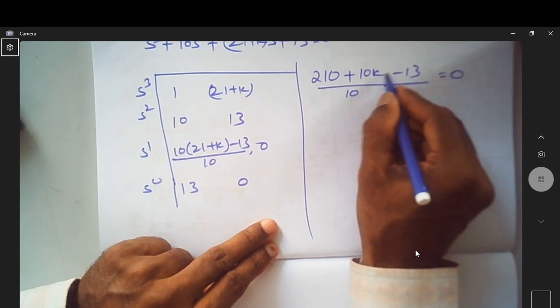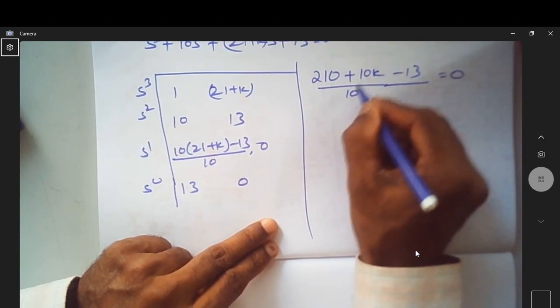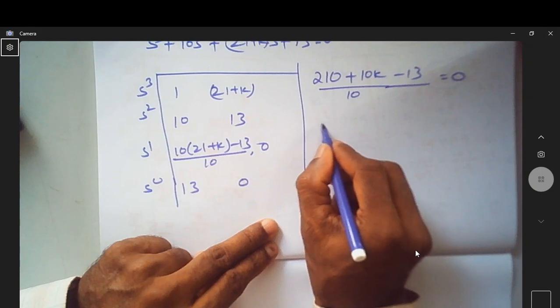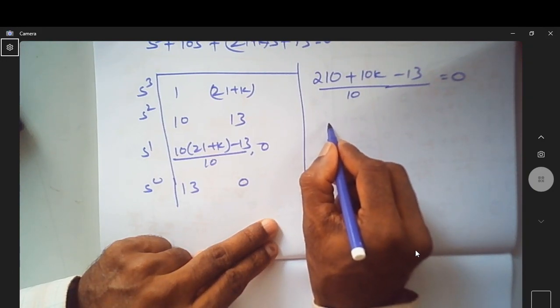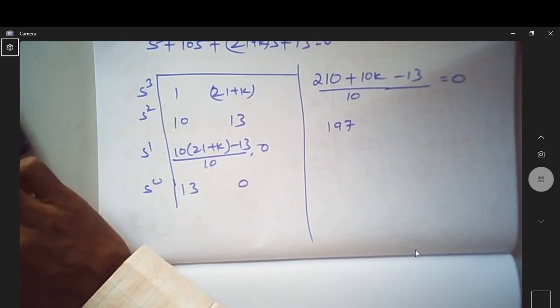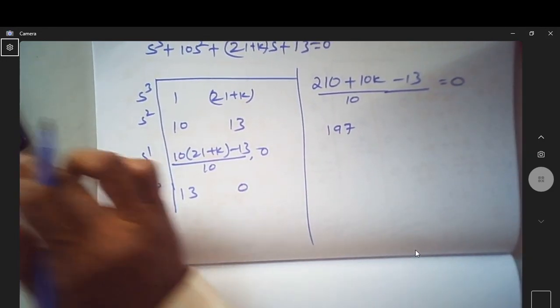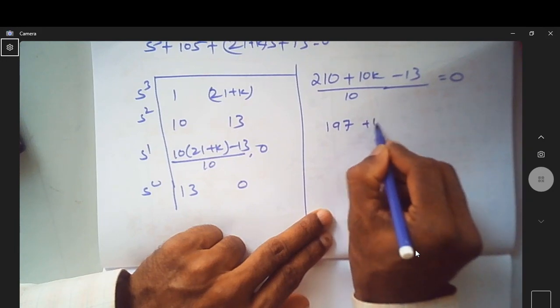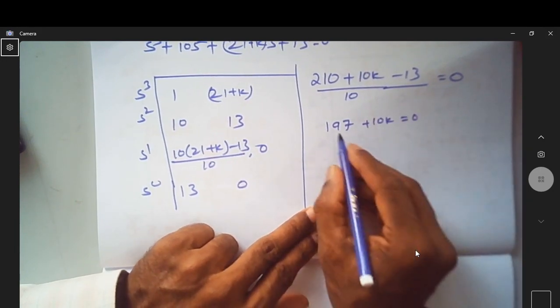So for what value does this become zero? It is 197, because 210 minus 13 is 197, plus 10k is equal to 0.